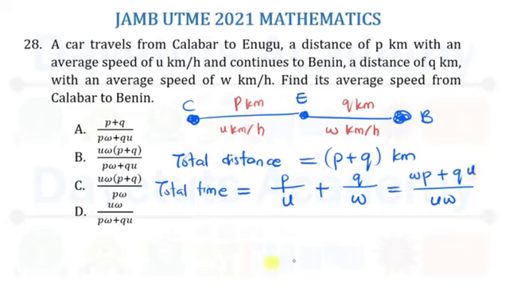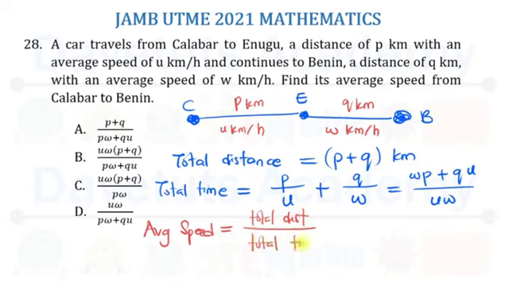The same thing applies to that. So having done this, we can now say we want to find the average speed. Average speed will be nothing but the total distance that we have gotten already over the total time. Now the distance is P plus Q over, okay, the inverse of all of this now.